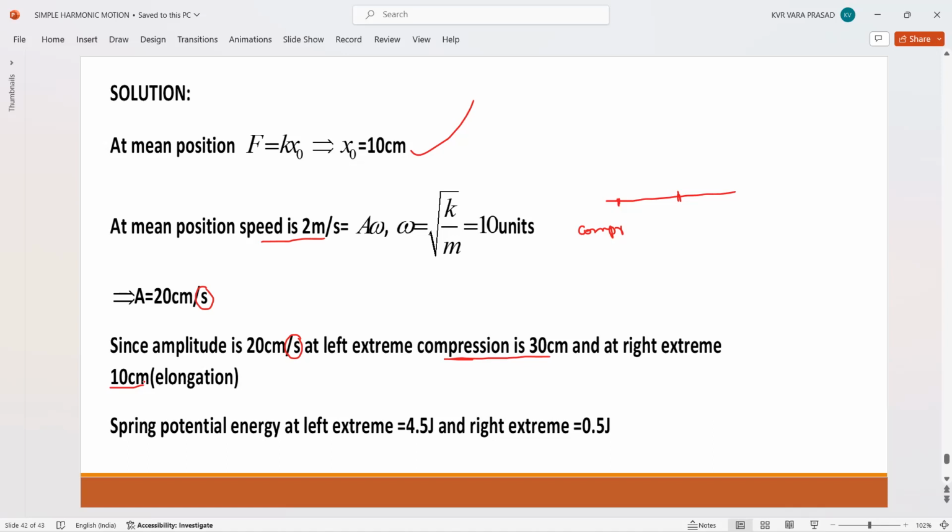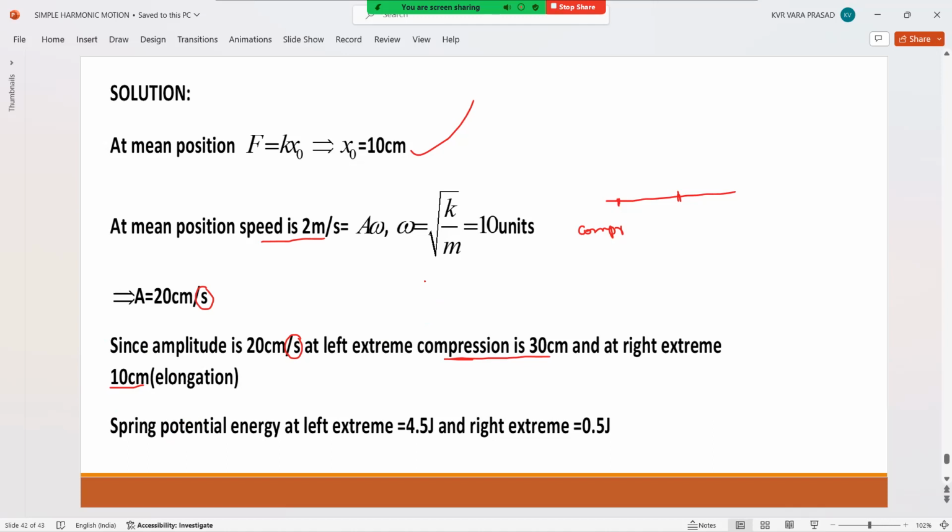And we know that at extreme position, total mechanical energy will be in the form of only potential. And see what is now the potential energy at left extreme. I am making calculation here. See calculation part once.